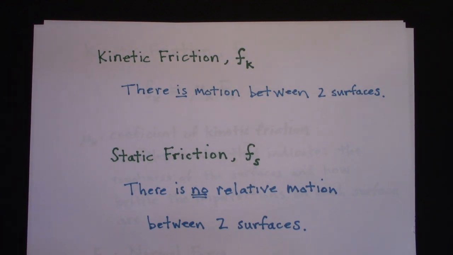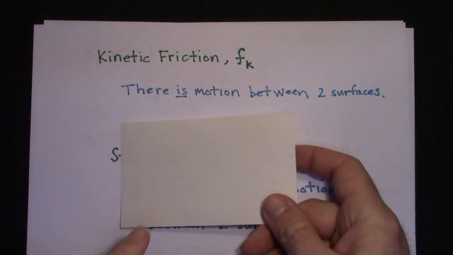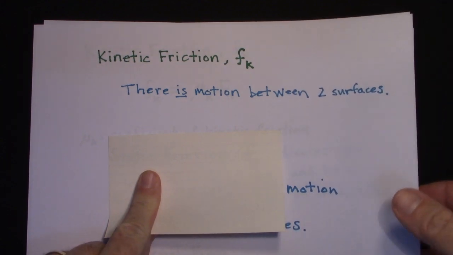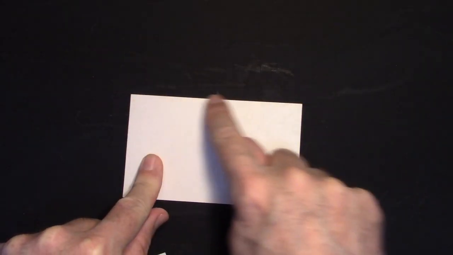So let's start out with the source of this type of friction. If you looked at two crates, or a crate and a table, even though they might look smooth, let's say this is the surface of a crate, and it looks like the edge is nice and smooth.